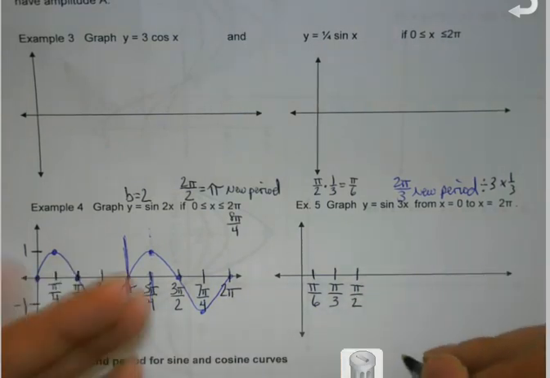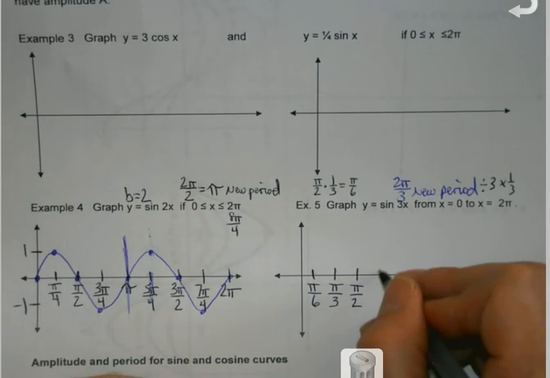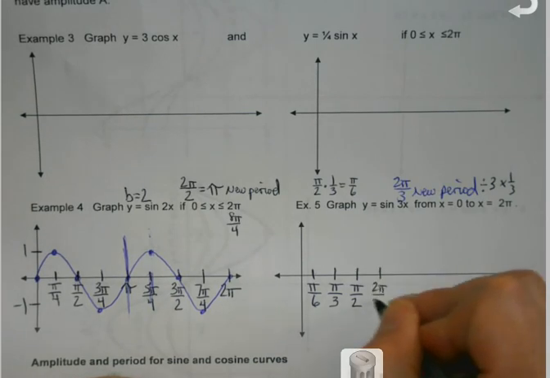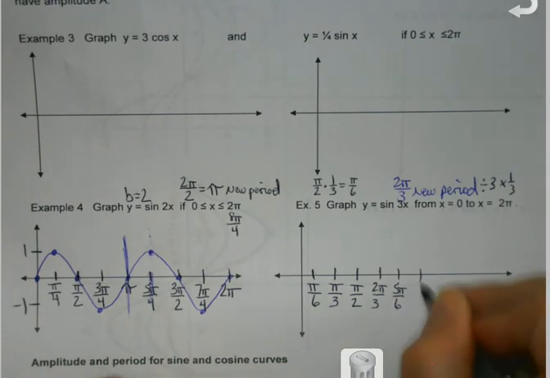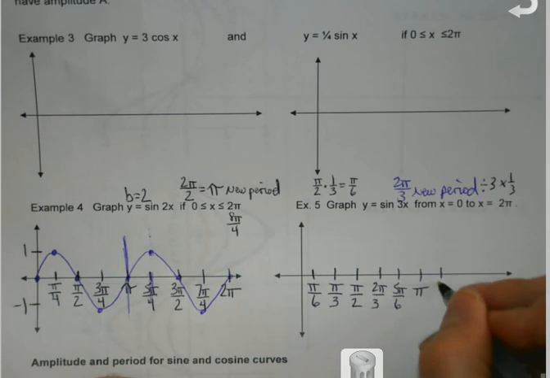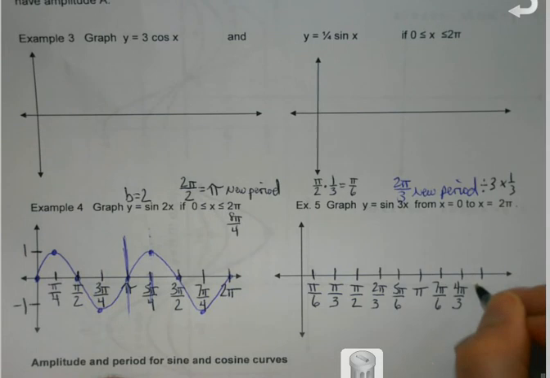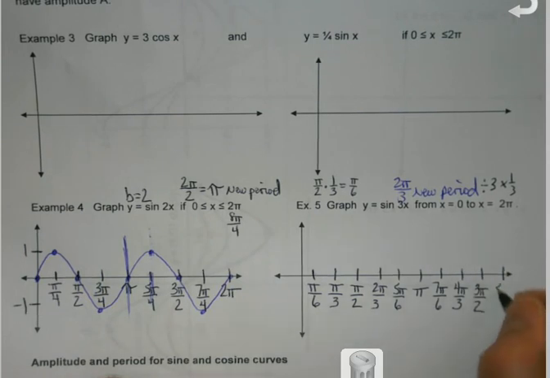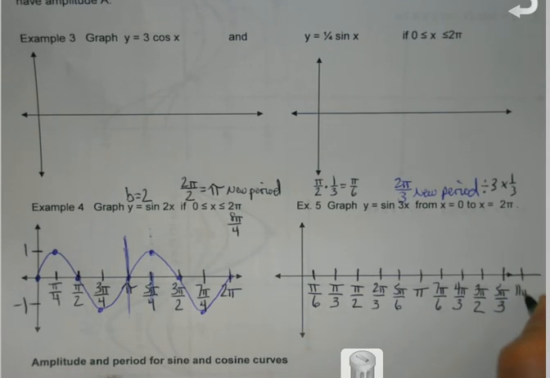I just got to reduce my fractions now, though, because I'm a little older. 4/6, 5/6, 6/6, 7/6, 8/6, 9/6. I have to do a lot of reducing. 10/6. I'm almost there. 11/6. And I made it.